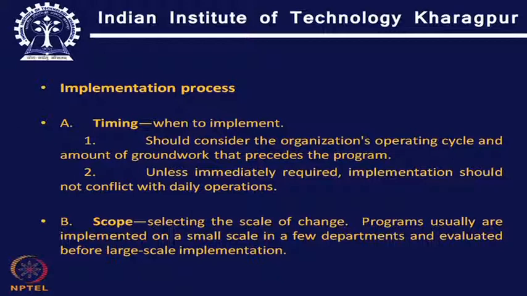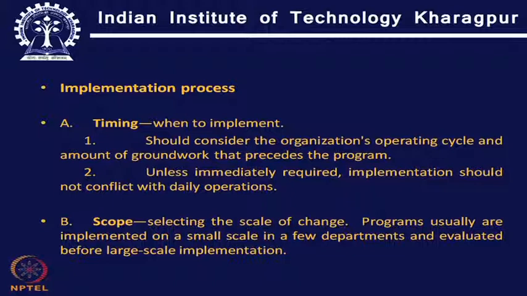The implementation process will depend on two things. One is timing, which is when to implement, and it should consider the organization's operating cycle and the amount of groundwork that precedes the program. Unless the change is immediately required, implementation should not conflict with the daily operations.